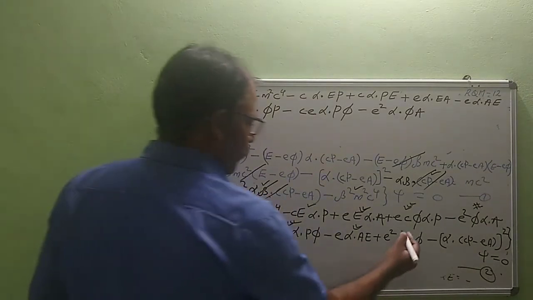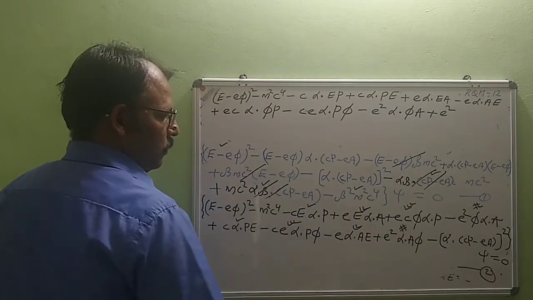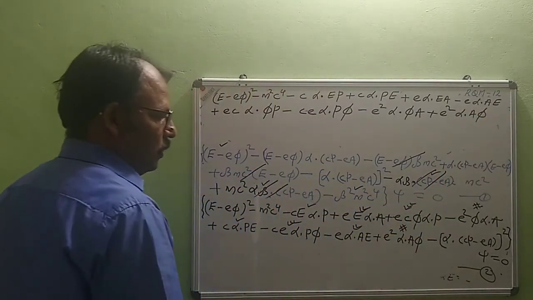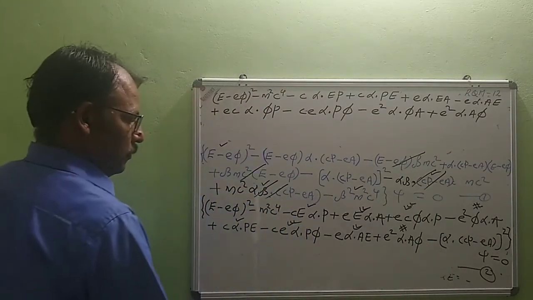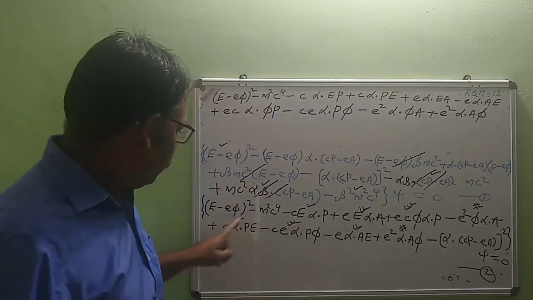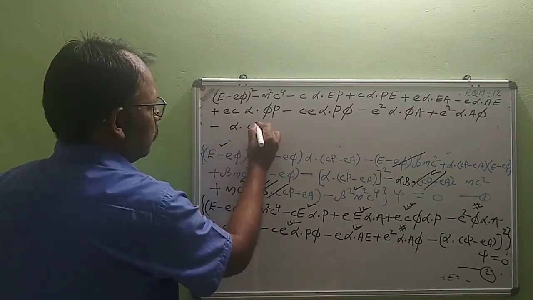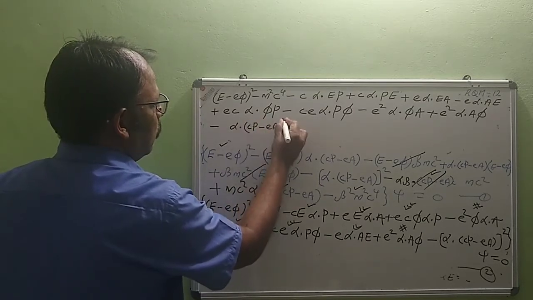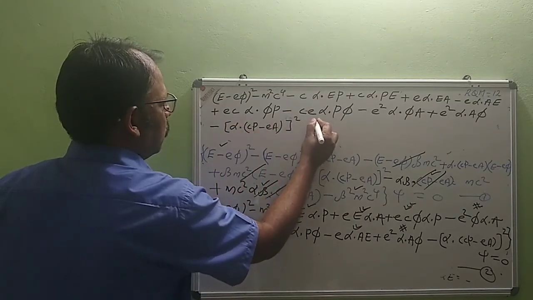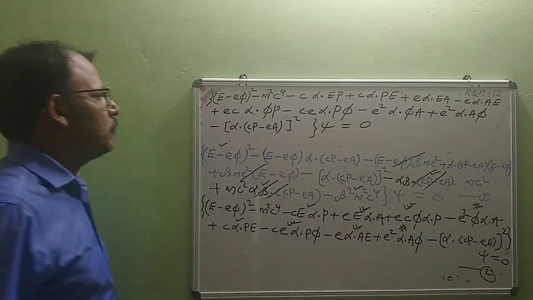Identical to that one, we will have one term here, plus E square alpha dot A φ. Then the last term: minus alpha dot (Cp minus Ea) into alpha dot (Cp minus Ea), the whole square, the whole thing operating on psi equal to 0.